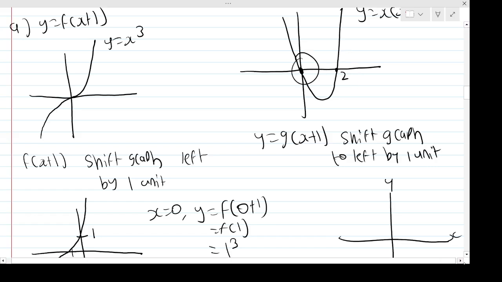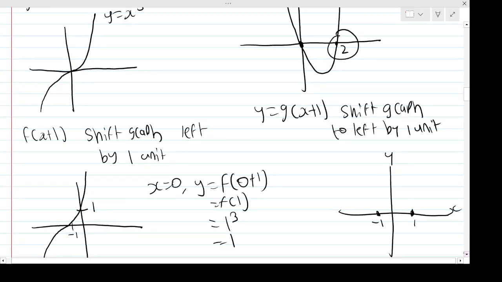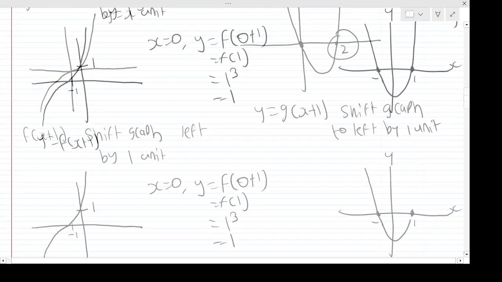If I'm moving 1 to the left, 0, 0 is going to go to minus 1, 0, so it's going to go through minus 1 instead. That's the new root. Then this 2, the next point, is going to move 1 to the left, so it's going to go to 1, 0 here. And there we are. The graph passing through these two new roots will look like this.